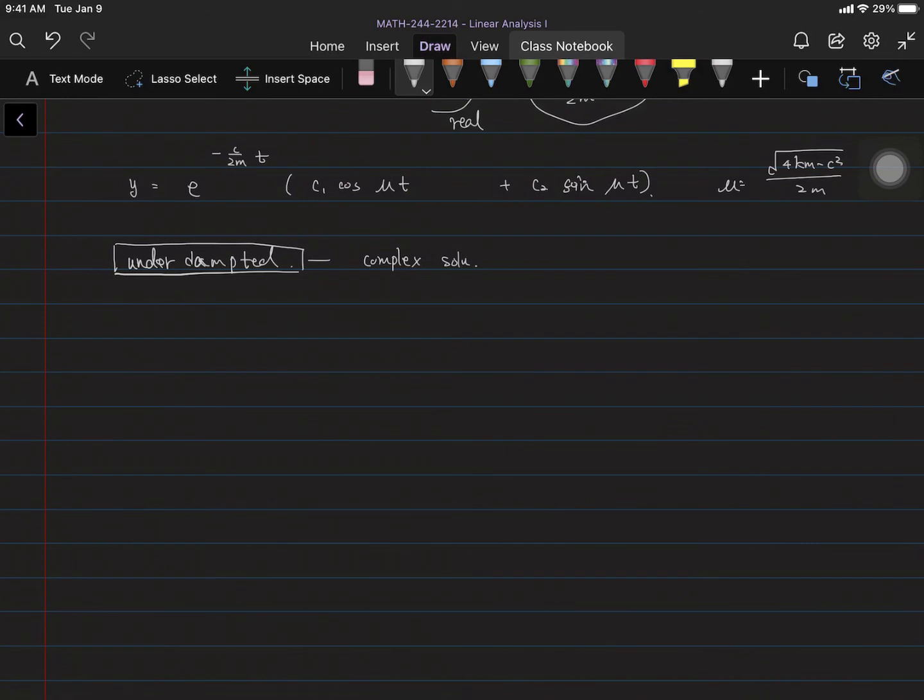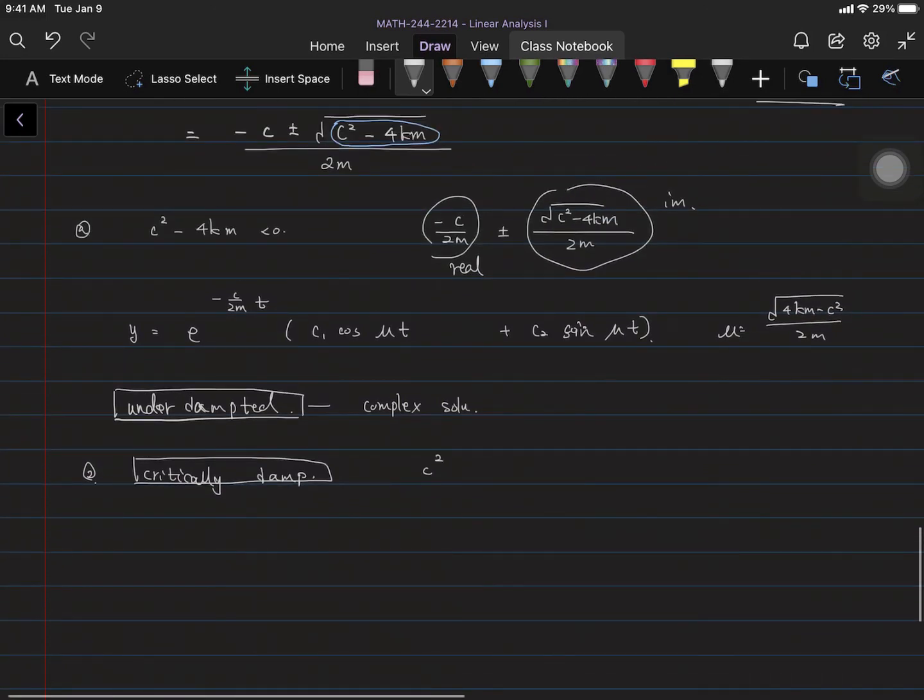And the second case is called critical damping. What's the meaning of this one? That means the thing under the square root equals 0. So our solution for R will be negative c over 2m with multiplicity 2.